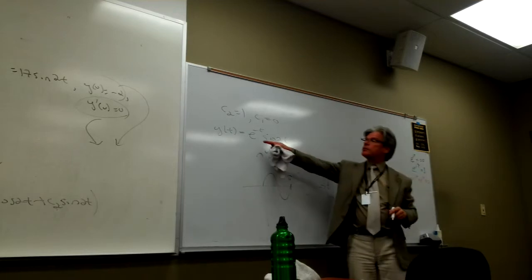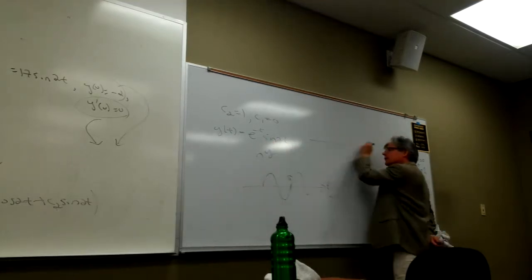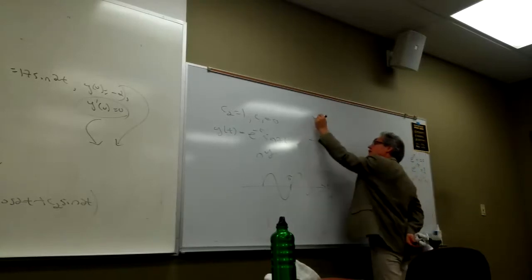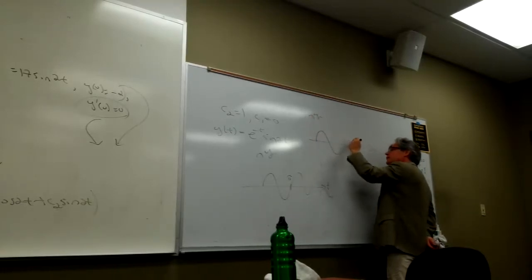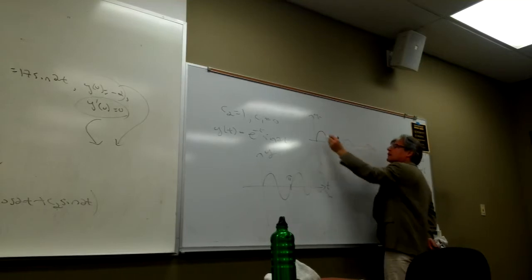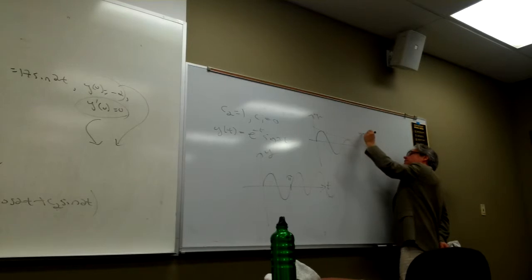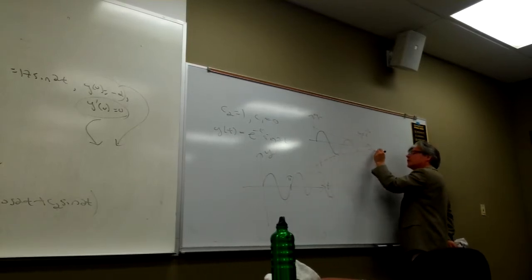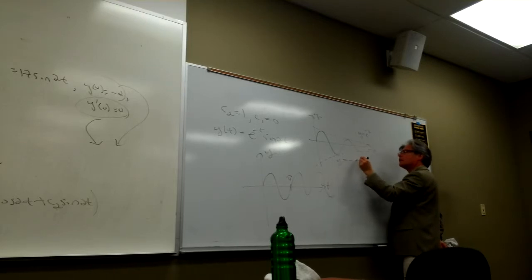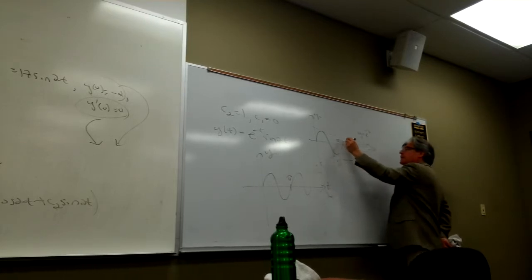However, because the amplitude is not constant, it's variable, I think what's happening is I'm getting this oscillating wave that's bounded above and below by an exponential function. And I think that exponential function looks like this. But also it's negative. Oh, and by the way, this is still pi.